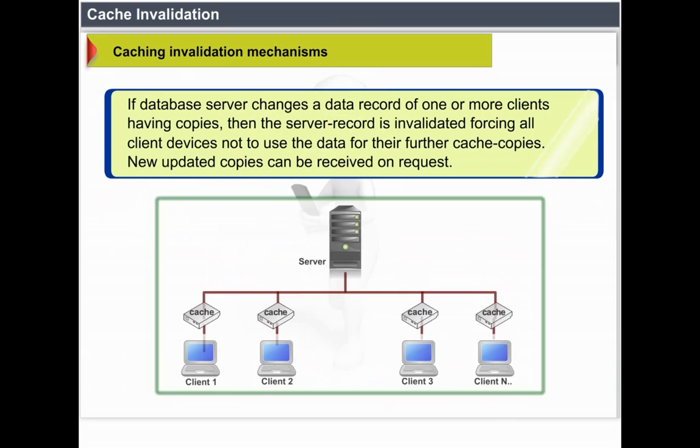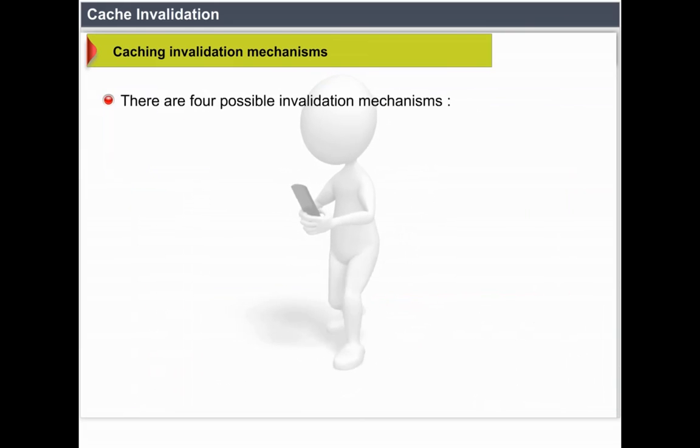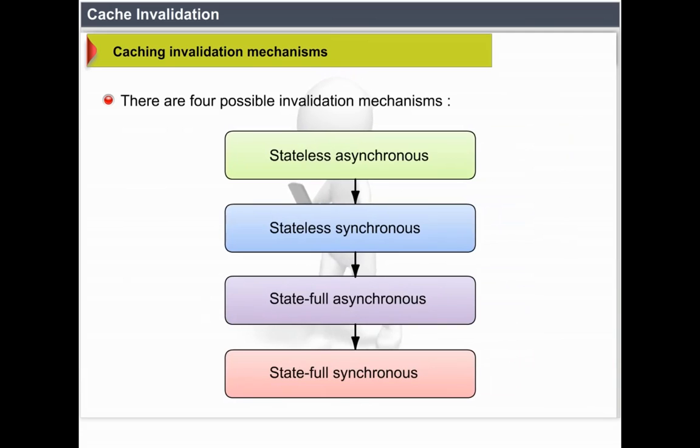If the database server changes a data record of which one or more clients have copies, then the server record is invalidated, forcing all client devices to not use their cache copies further. New updated copies can be got on request. There are 4 possible invalidation mechanisms: stateless asynchronous, stateless synchronous, stateful asynchronous, stateful synchronous.